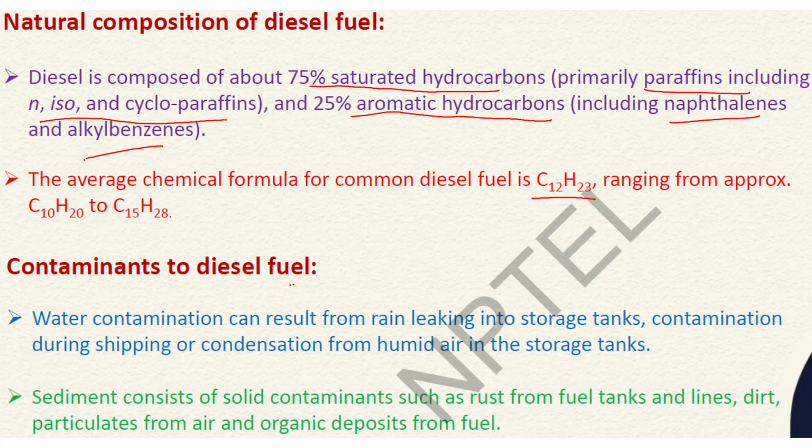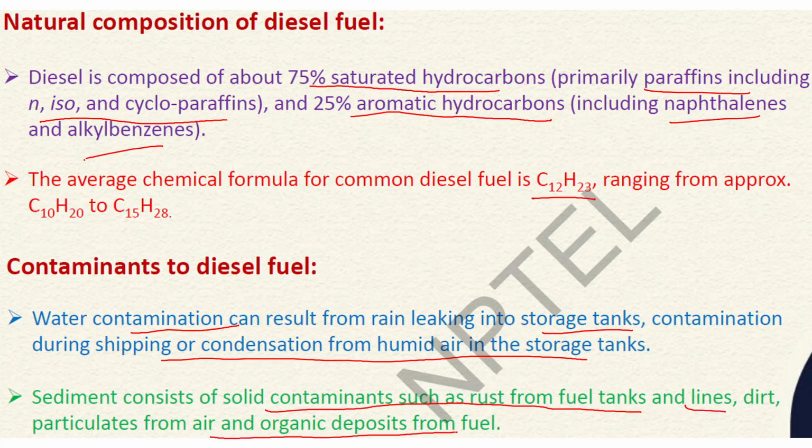Contaminants to diesel fuel: there can be water contamination from rain leaking into the storage tanks, or contamination during shipping, or condensation from humid air in the storage tank. The sediments consist of solid contaminants such as rust from the fuel tank and lines, dirt and particulates from air, and organic deposits from fuel.